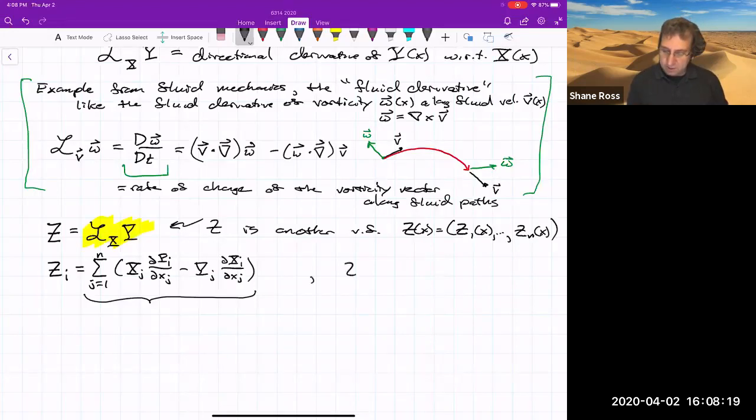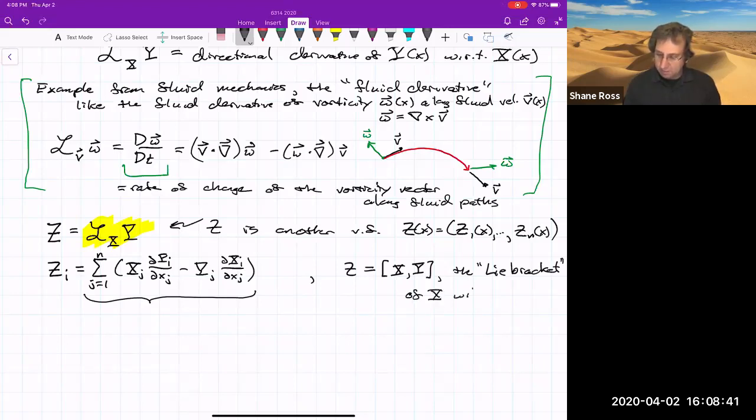They'll write Z is square bracket X with Y. This is called the Lie, there it is again, Lie bracket of X with Y. So this component here, this Zi component, is the ith component of this Lie bracket.